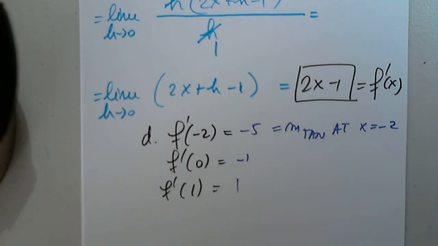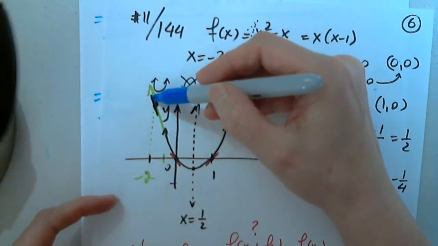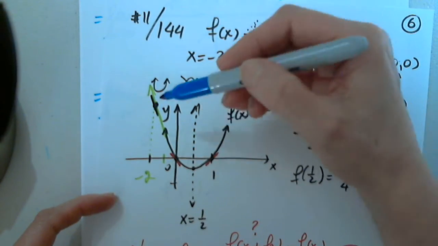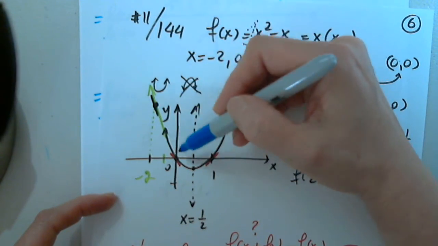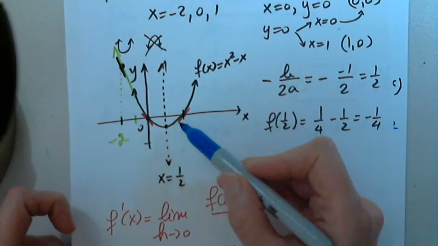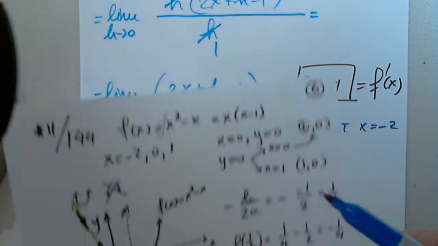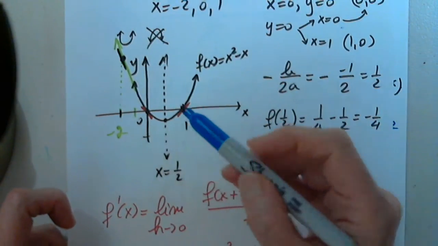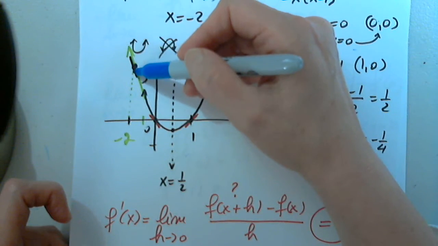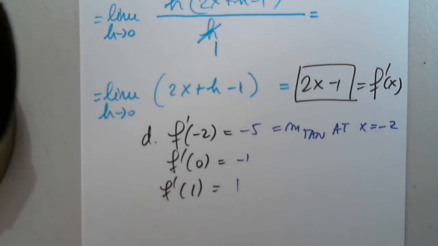Of course. Was this what you expected? Yes, I'm sure you did. This is much steeper negative than this one is. So this is -5, and this is -1. And as expected, this is positive, and it's 1. So the slope of this line here is 1, the slope here is -1, and the slope here is much steeper, -5, as expected.